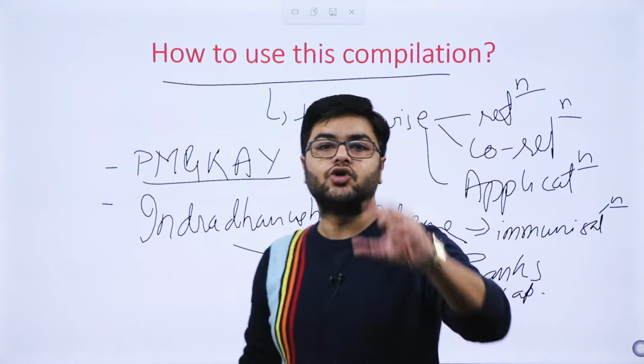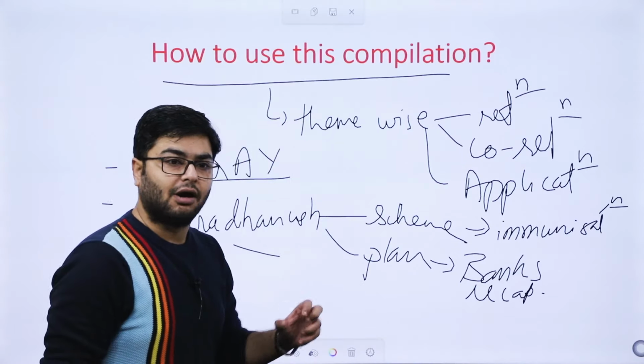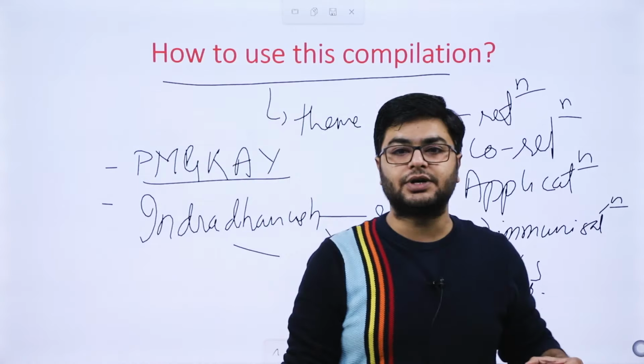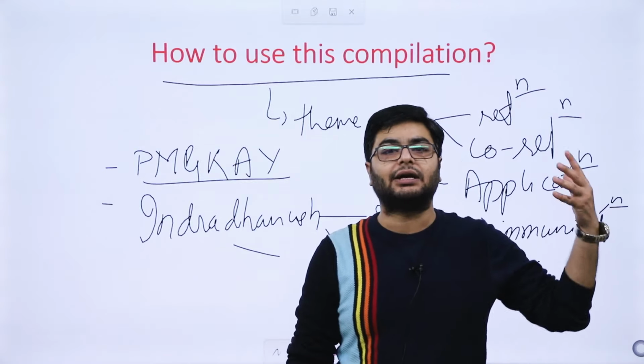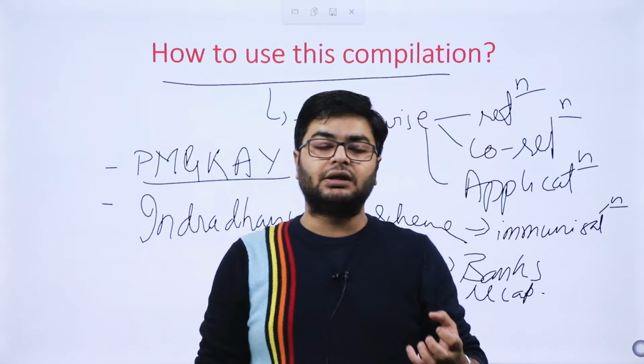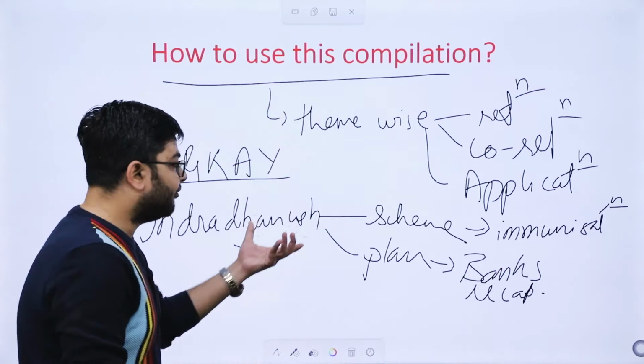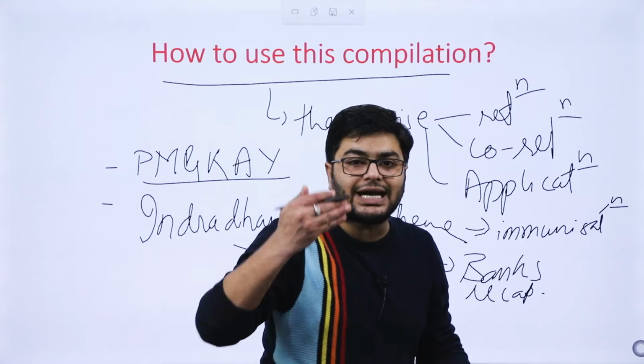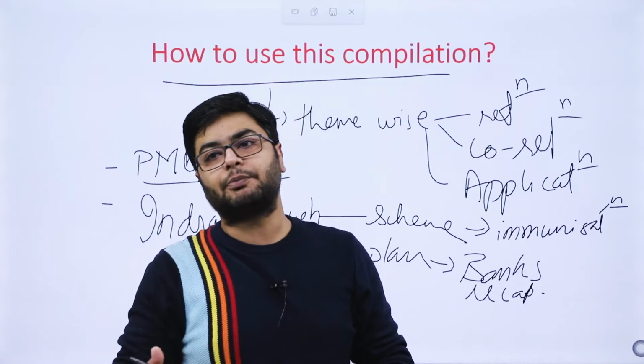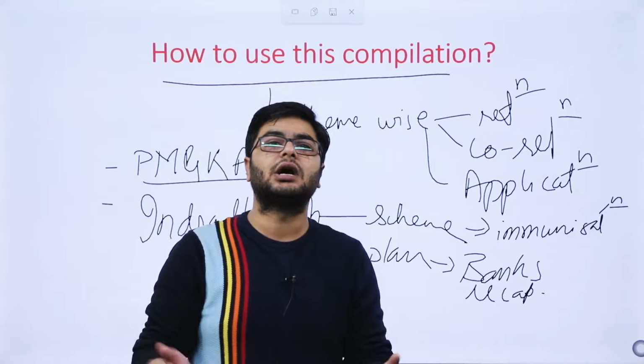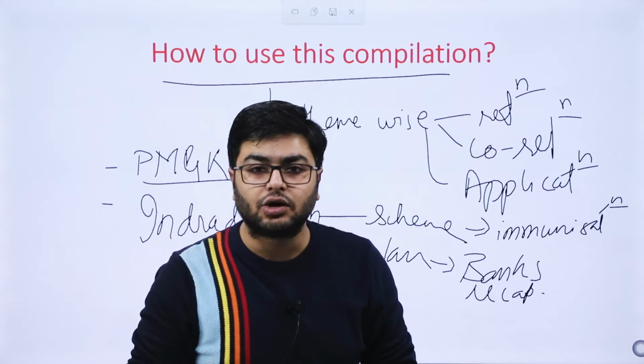So whenever you use this compilation, while going through the schemes and policies, we have tried to maintain that sort of order in the compilation wherein you find a clear-cut utilitarian approach with the programs and policies, and it is not just a compilation of facts which is thrown at you.